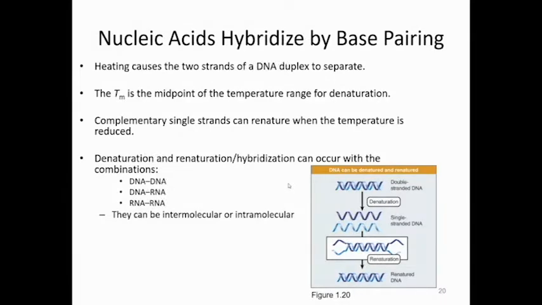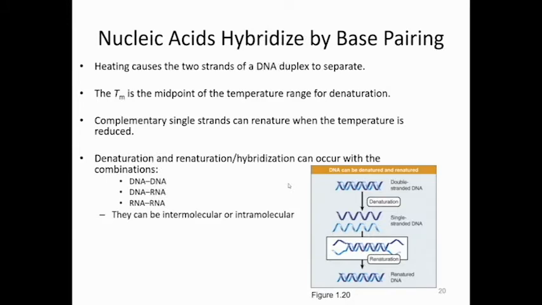Later on, when we discuss some molecular techniques, it is very important to understand this concept of hybridization. By hybridization, I mean two single nucleic acid strands that, when you mix them together, will hybridize because they automatically form hydrogen bonds between A and T and between G and C. If they are 100% complementary to each other, they will form a strong hybrid.